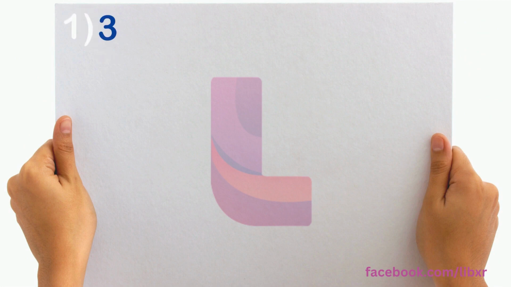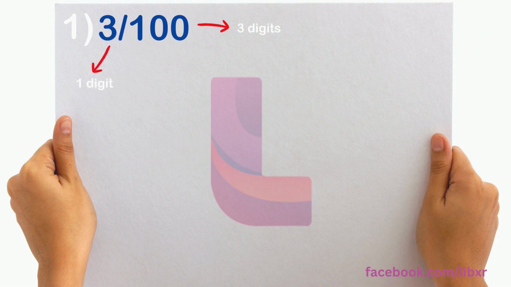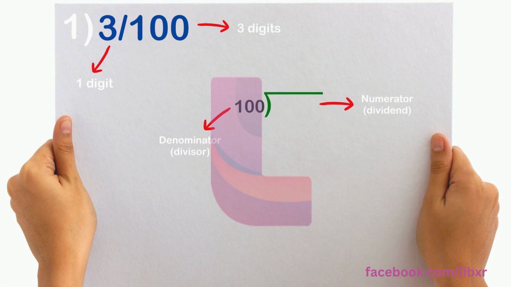Next is 3 by 100. The denominator 100 has 3 digits while numerator 3 has 1 digit. So we add 2 zeros in front of 3 on the left to make it a 3-digit number like 100. So now we have 003 instead of 3. Now count the number of zeros in 100.